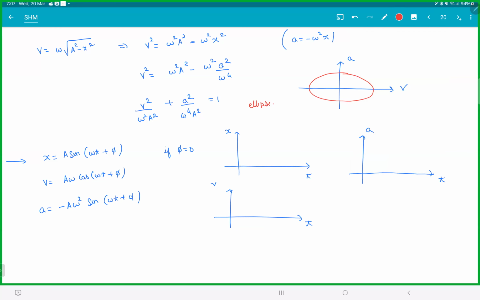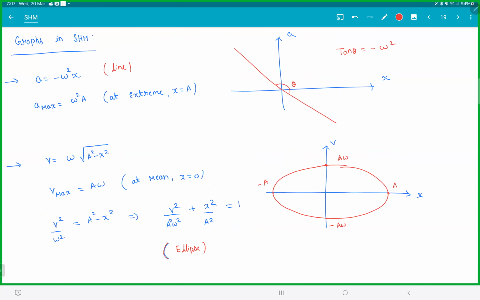An xt graph will be a sine graph. Vt graph will be a cos graph. This will be a minus sine graph. Check it out. Can you go back to the graphs here? Yeah.